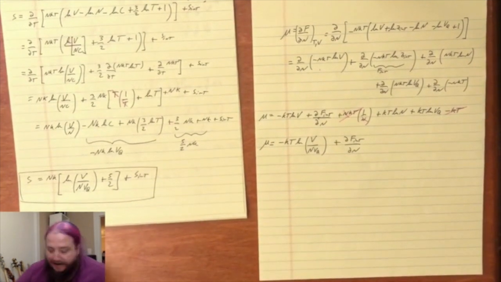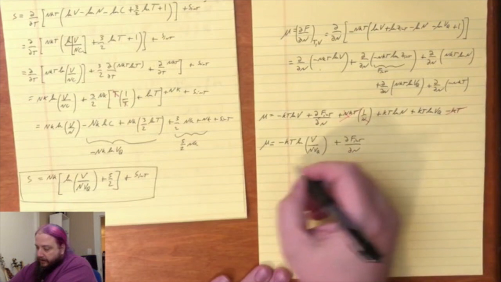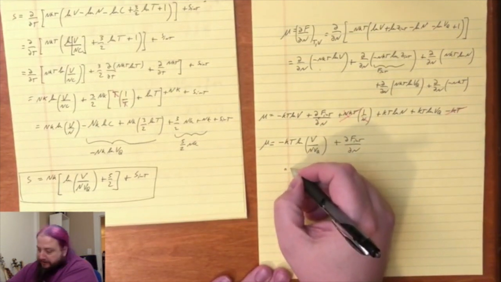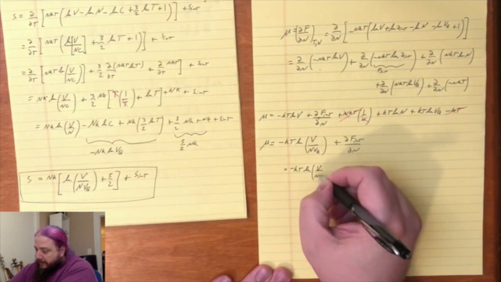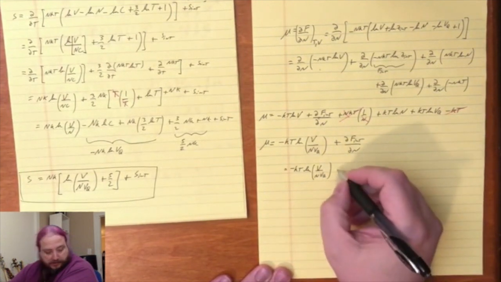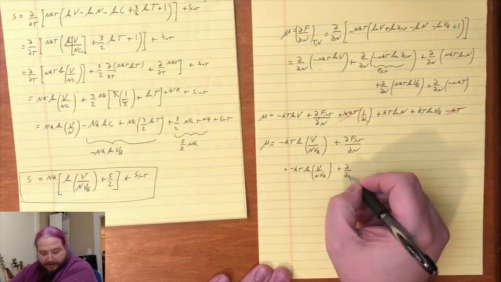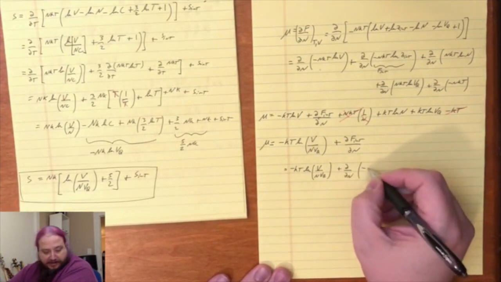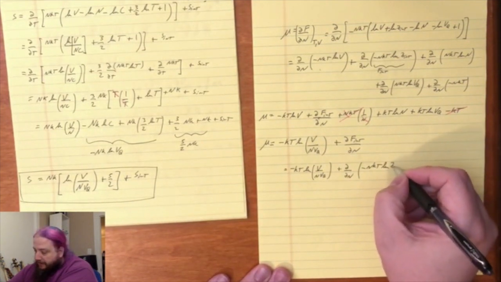Now let's go ahead and unpack this dF interior business again. So that's minus kt logarithm of v over n quantum volume, and plus d by dn of minus n kt logarithm of z interior.